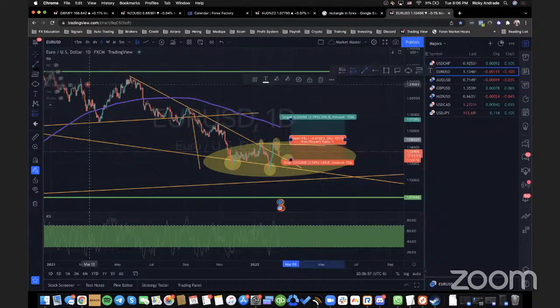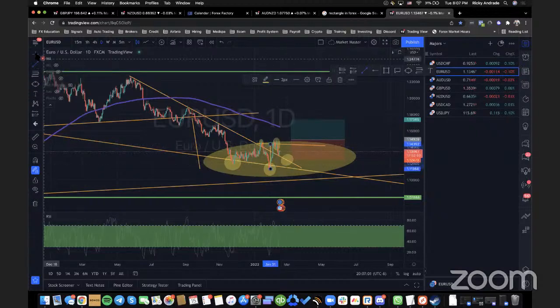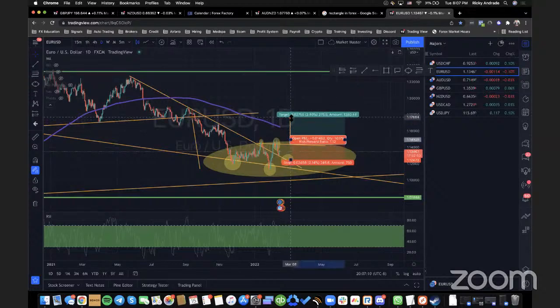Now this is going to be a longer term trade just because I'm on the daily right now. But it's still possible here. It's like 2,700 micro pips or 270 pips.